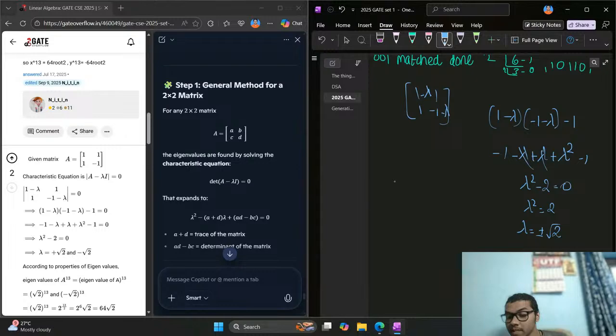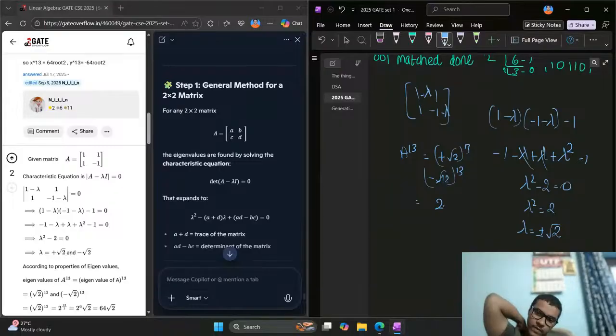Okay, these are the eigenvalues. So for power 13, they will be plus root 2 whole power 13 and minus root 2 whole power 13. 2 power 13 by 2.